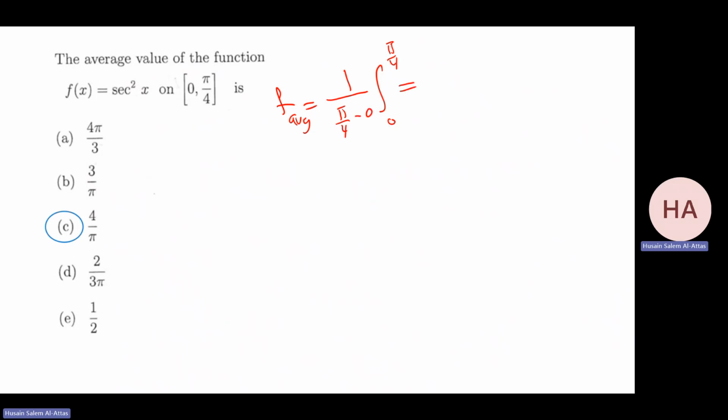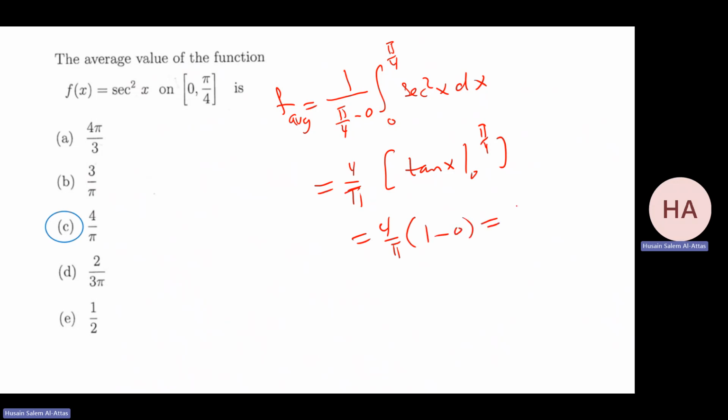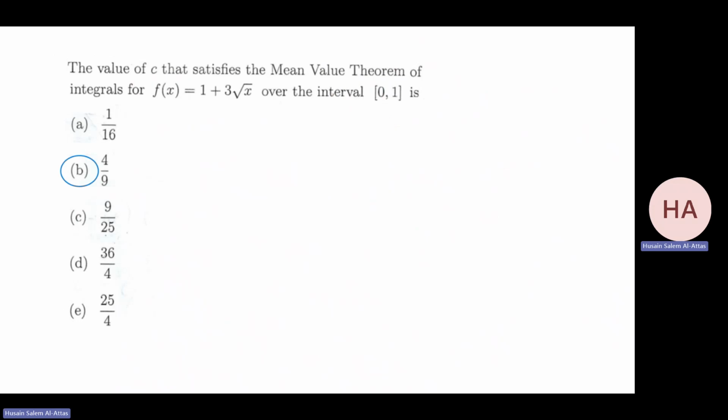Don't forget, this is secant squared x dx. So that gives me 4 over pi times tan x from 0 to pi over 4. That's an easy one. 1 minus 0, so 4 over pi, which is this one.